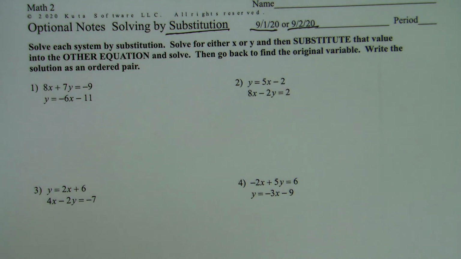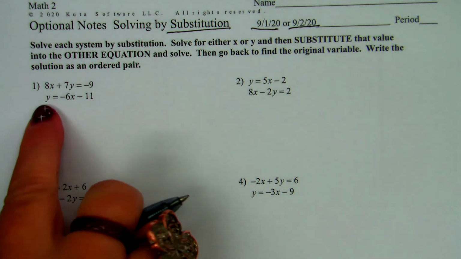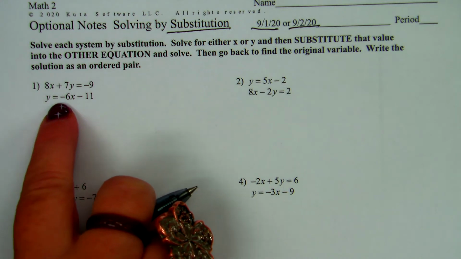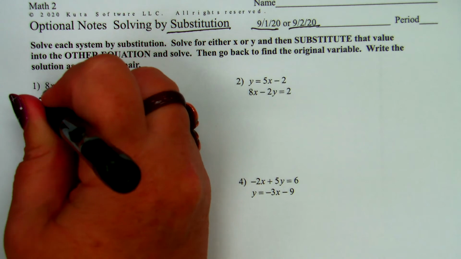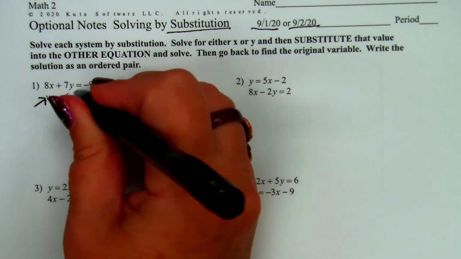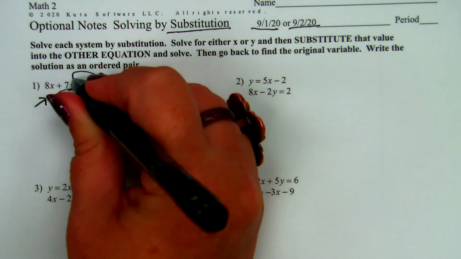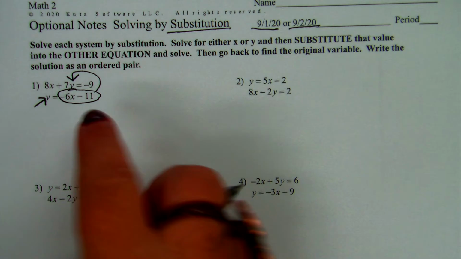Solve for either x or y and then substitute that value into the other equation and solve. So see how this y is already solved for? It's y equals negative 6x minus 11. This is already solved for y. So we're going to take the negative 6x minus 11 and put it in wherever you see a y in the other equation and you solve.